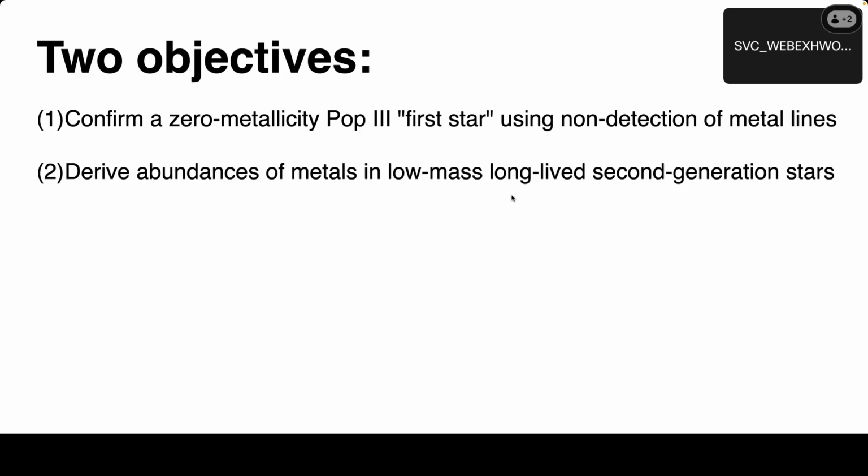The second objective is to derive the abundances of the metals in those second generation stars that we know exist. And these metals in these stars reflect the yields of one or very few top 3 supernovae. So you can work backward to the first stars that way.